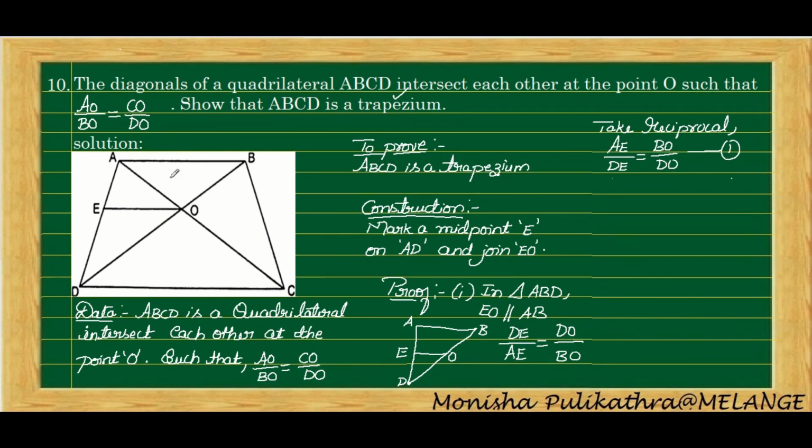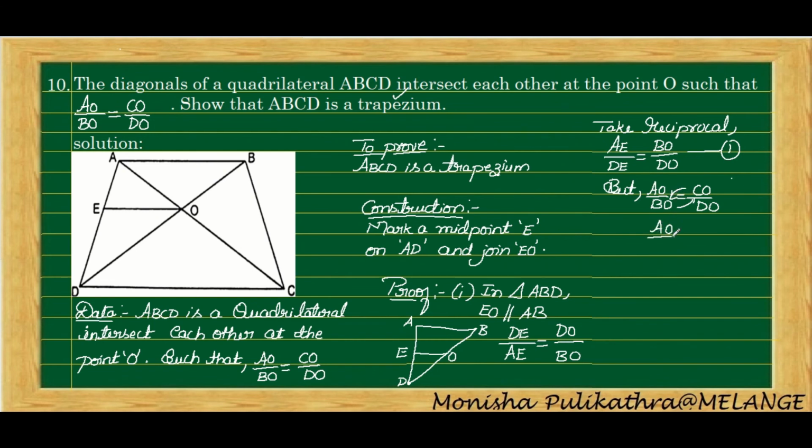But in the data section, they have already given AO by BO is equal to CO by DO. Right? AO by BO is equal to CO by DO. We can take the interchange of this.